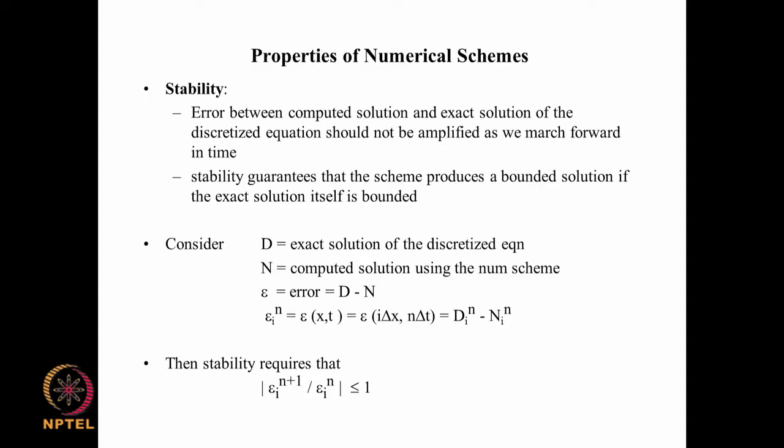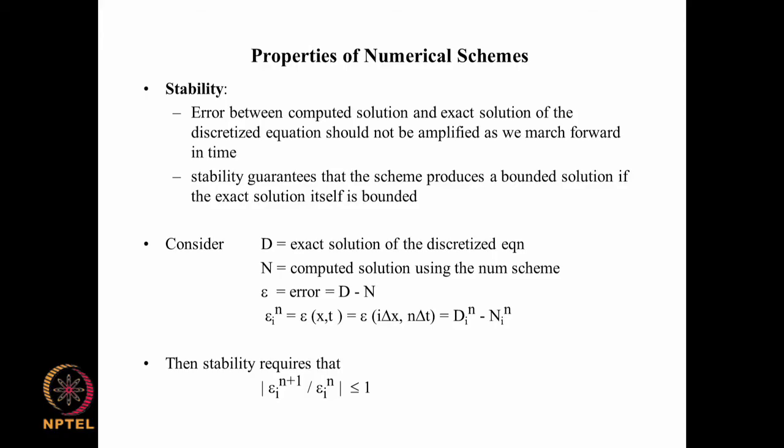So, in taking lots of steps, if you have an amplification factor, even if it is slightly greater than 1, it can accumulate very fast. So, we would like the error at n plus 1 divided by the error at n to be always less than or equal to 1 in terms of magnitude. So, this we can say is the formulation of the stability.